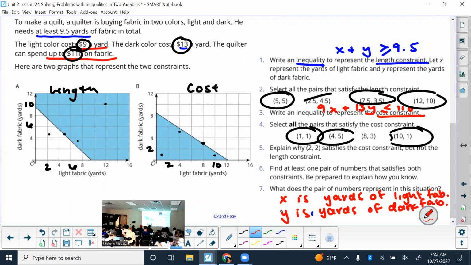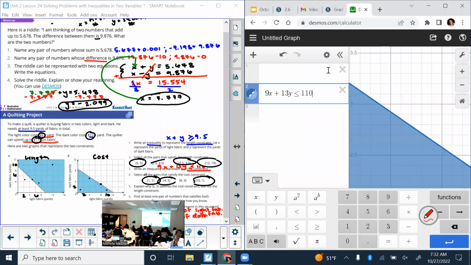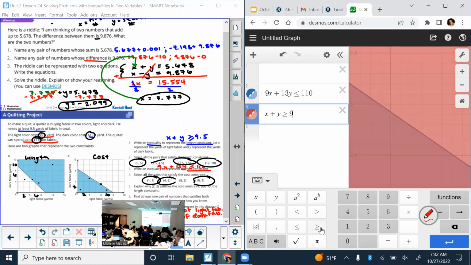Yeah, so really, if this is a system, which we are looking at systems, and I have 2 sets of constraints, I should really be looking at where both constraints are met. So you can do that by graphing by hand. You can do that by graphing in Desmos. I believe on your constructed response, you do have to graph a system by hand, or at least an inequality by hand.